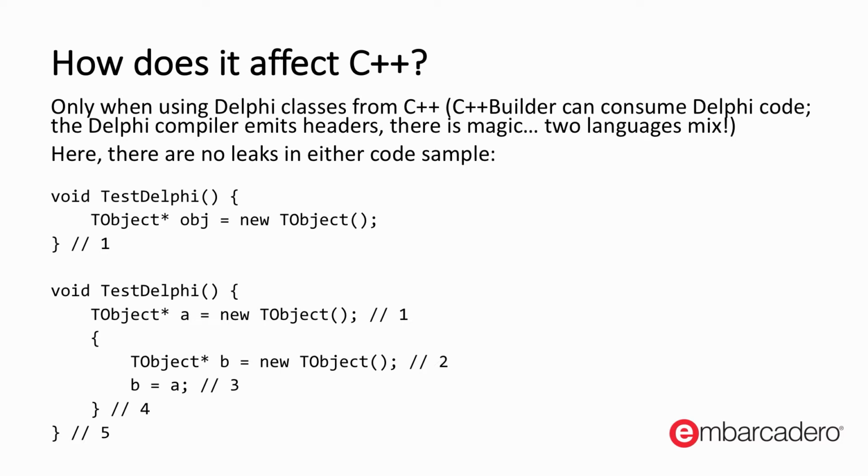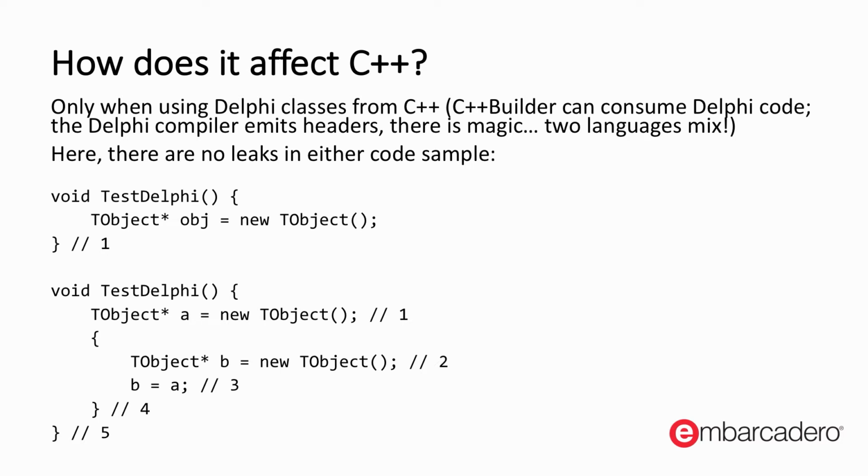Now here's a more complicated method. What happens here? At 1 and 2, objects are created and their reference count is set to 1. It gets interesting at 3. Here the object created at 2, i.e. B's, ref count drops to 0 and B is deleted.